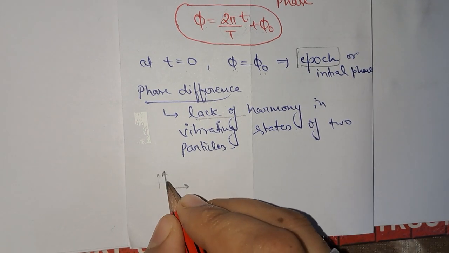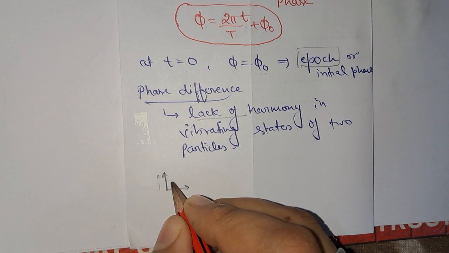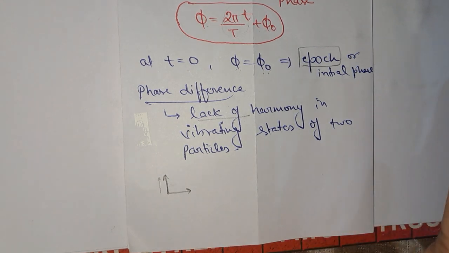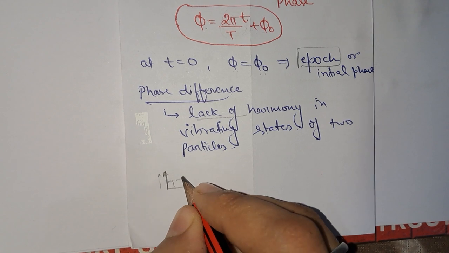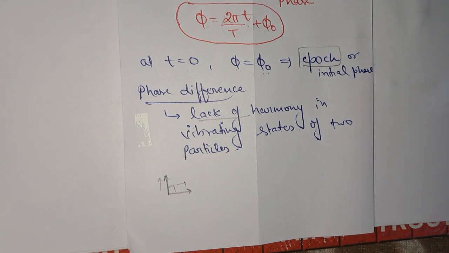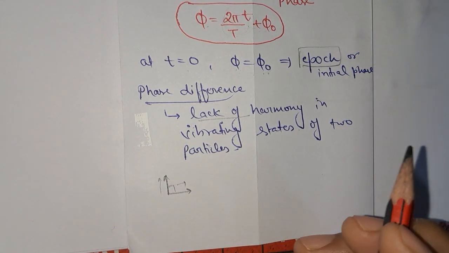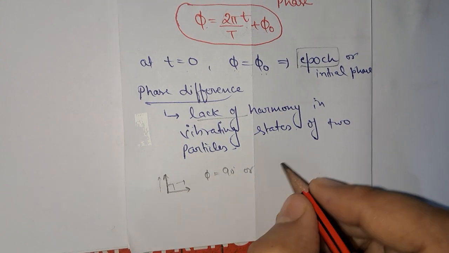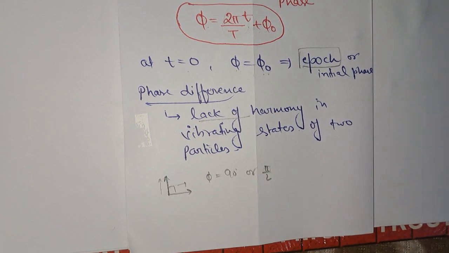Therefore the angle subtended by the motion of these two particles will be 90 degrees. So the phase angle for this could be taken as phi equal to 90 degrees or pi by 2.